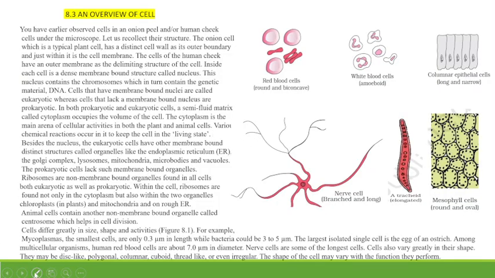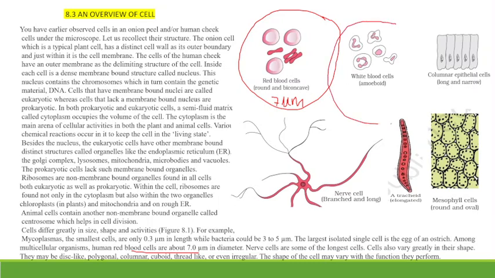So let's see here. This is the RBC having a round and biconcave structure. The size of the RBC is 7 micrometer in diameter. Then this is the WBC, which is amoeboid in structure.